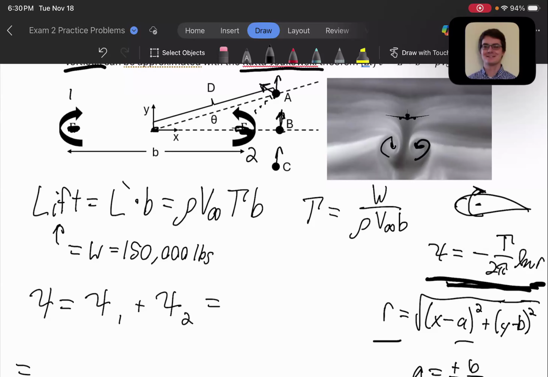Yeah, good question. This is number 1, and this is number 2. It's at negative b over 2. That's why we have the positive. And then it's acting in the clockwise direction, which means it has a negative out in front.